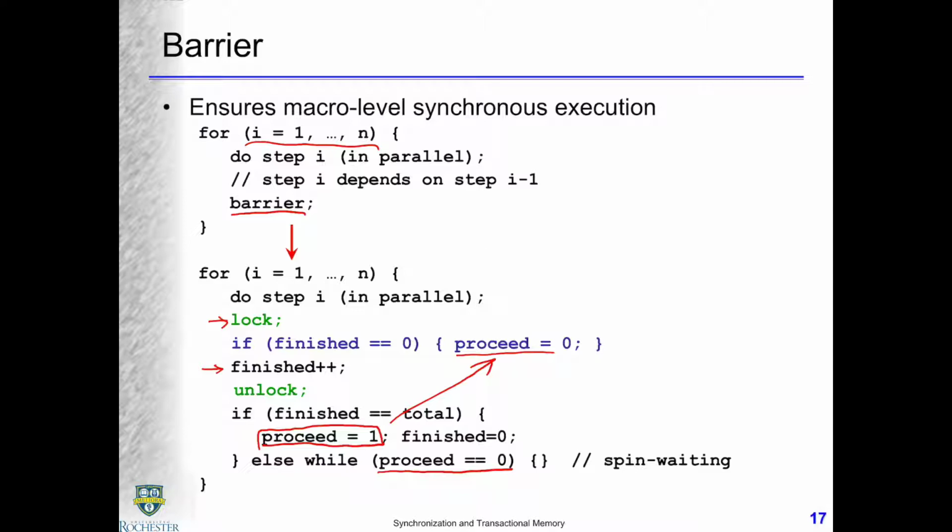The last thread to arrive at iteration I, versus the first thread to arrive at the next iteration I plus 1, this time difference is what we're talking about. It may be extremely small, in which case proceed may be set to 1 and immediately reset to 0 before everybody else got a chance to see it.